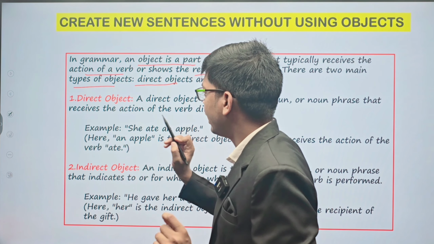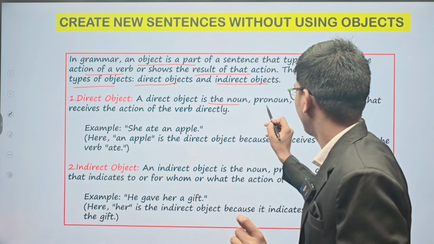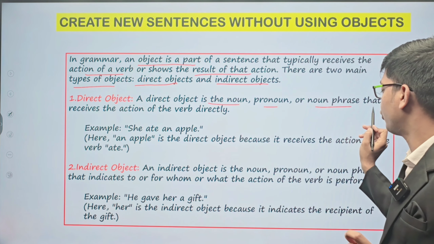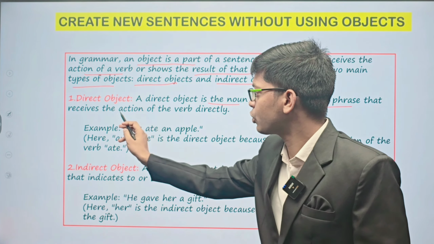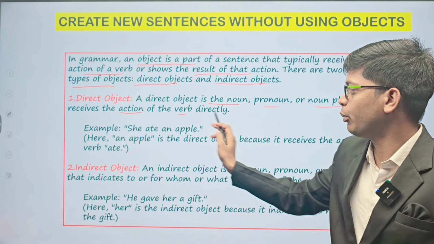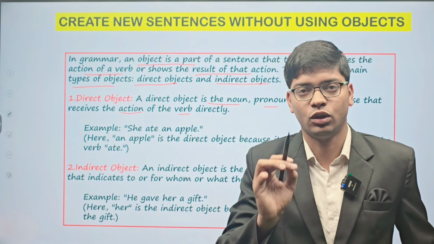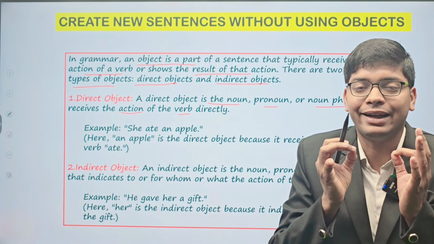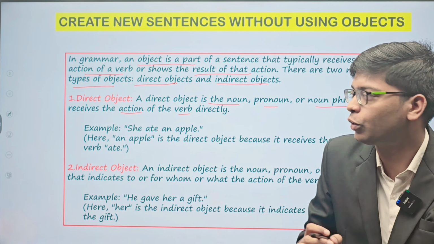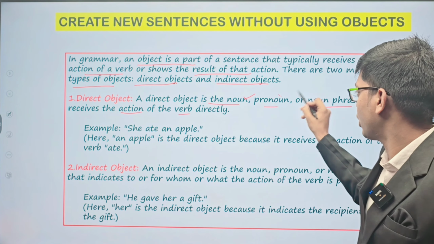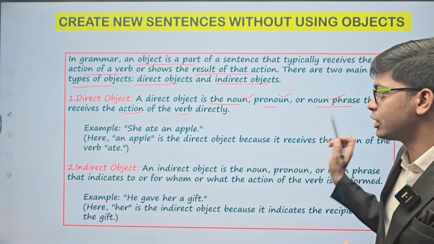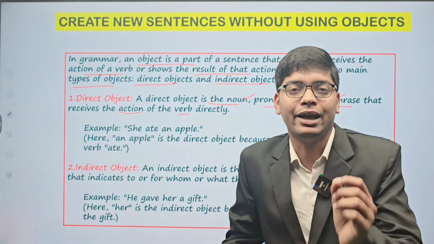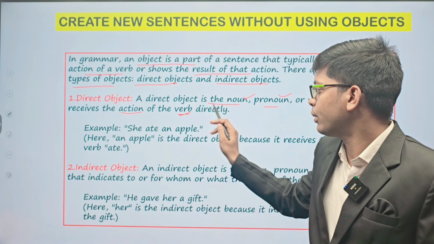A direct object is a noun, pronoun, or noun phrase that receives the action of the verb directly.